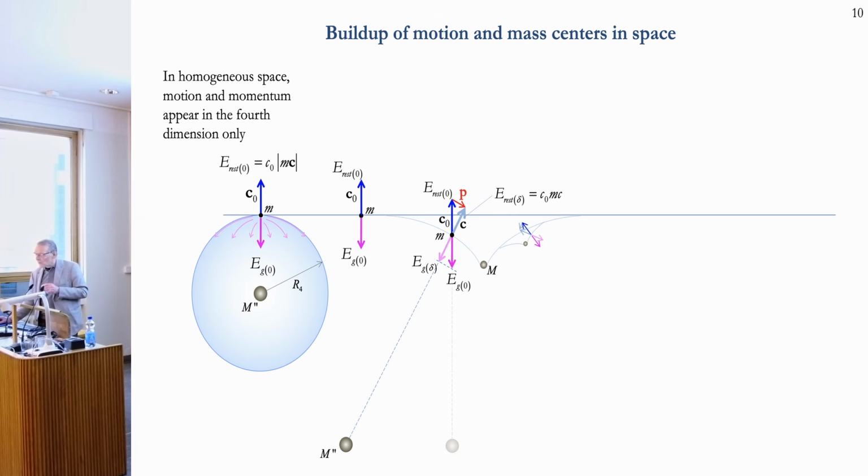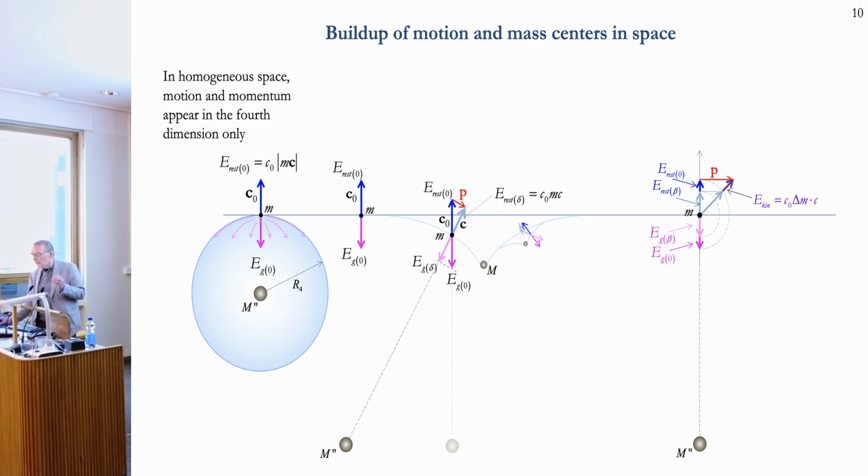One is the momentum or velocity of free fall, and the other is the local rest momentum. And it means that the local fourth dimension is now bent by the same angle here as we have bent the space.